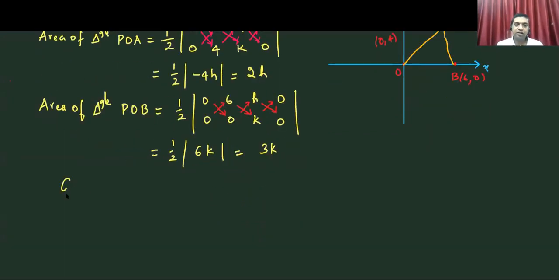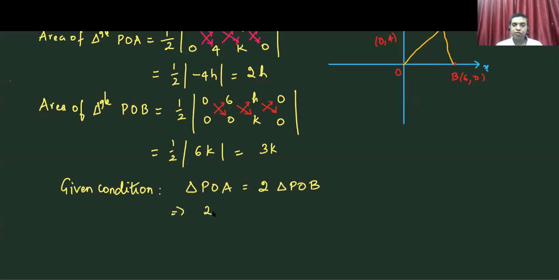So given condition is this, and so we get 2 mod h. Now h and k, by the way, can be in any of the quadrants. It need not be the first quadrant only. So h and k can be positive or negative, and areas being positive, we have to maintain our modulus sign.